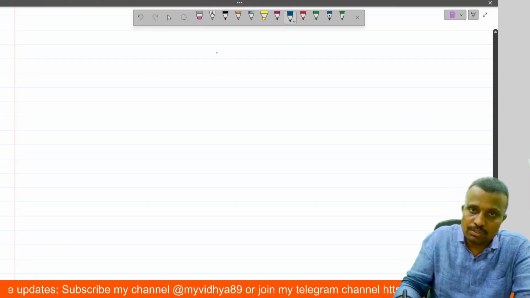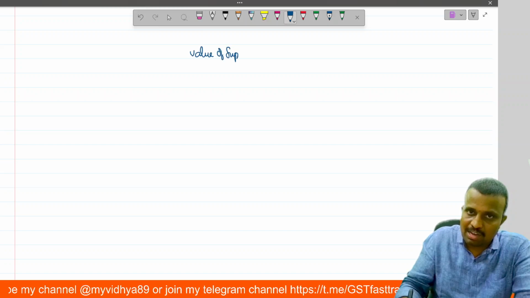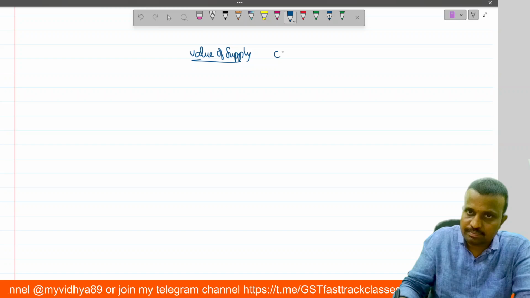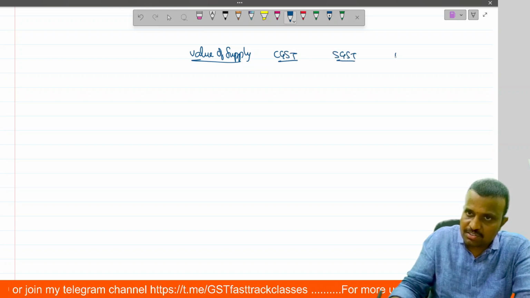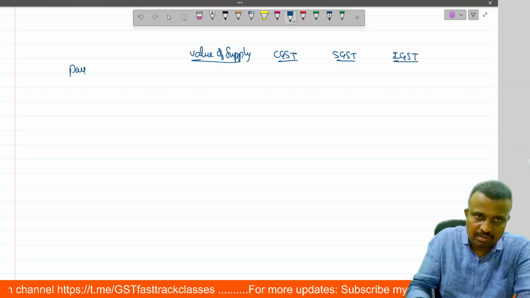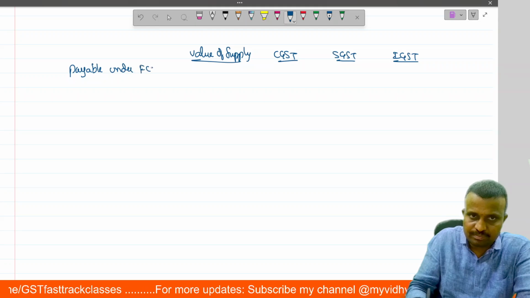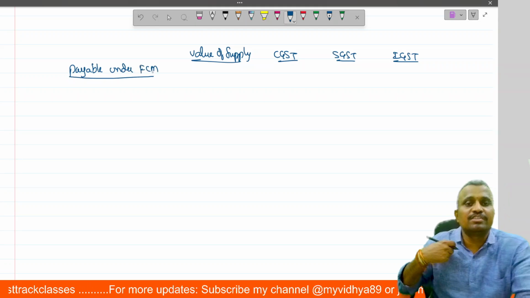Okay. So here the value of supply, CGST, SGST and IGST, payable under forward charge mechanism.